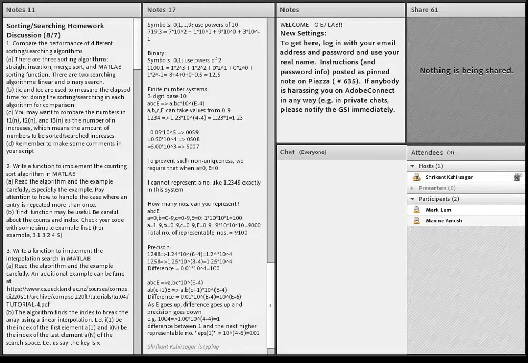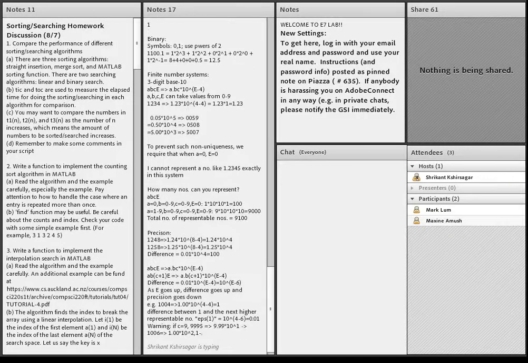I'm sorry. All right. So the difference here between the two would be simply, let's see, 10 raised to 2, so 0.99. So this is 1 minus 0.999.